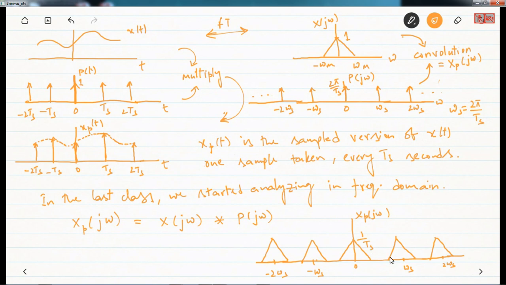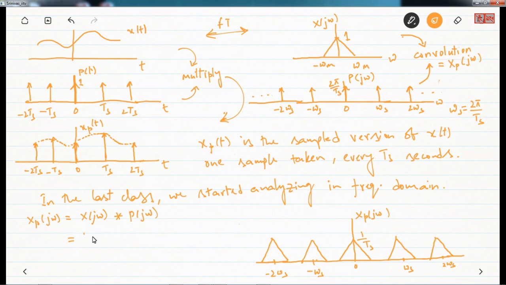Let me write this down more mathematically. I'm sorry, I'm just trying to squeeze everything onto one page so that you can have everything together. Xp(jω) is the convolution of X(jω) with P(jω).